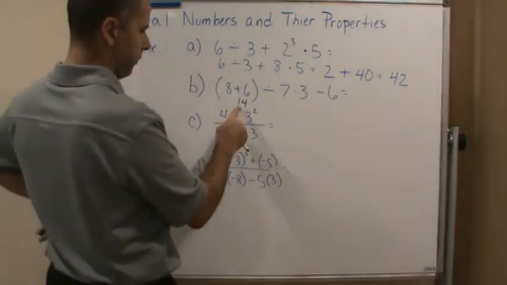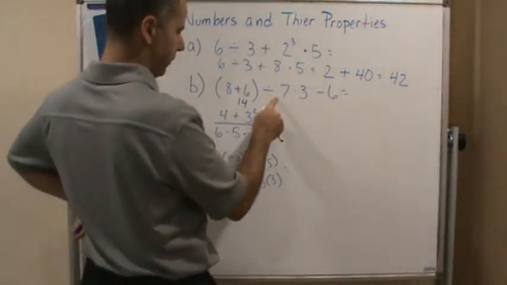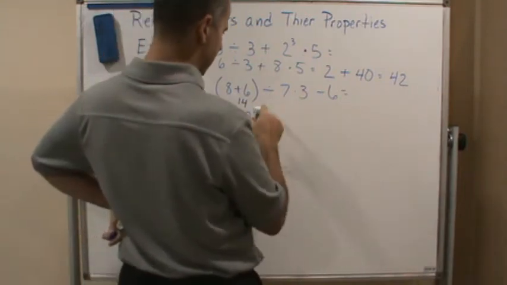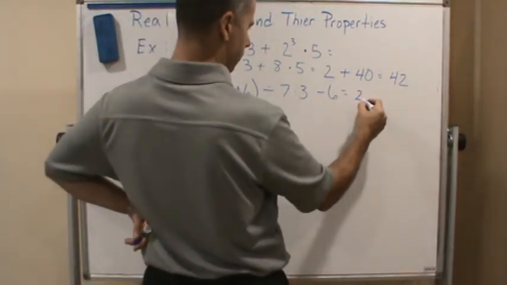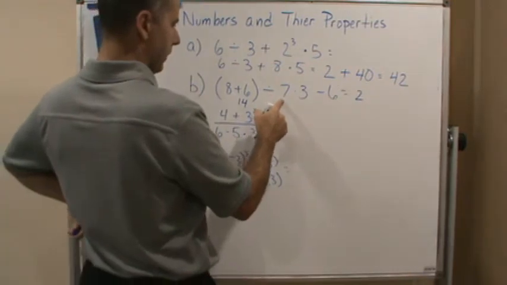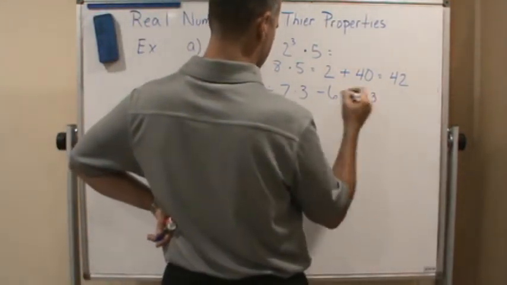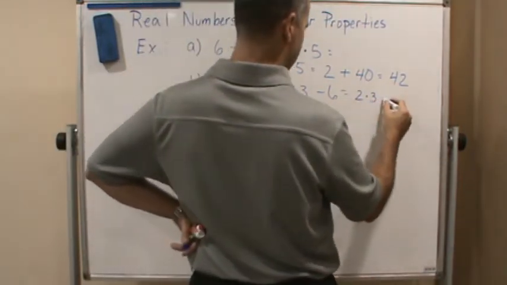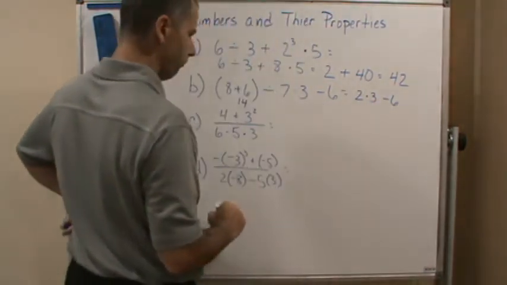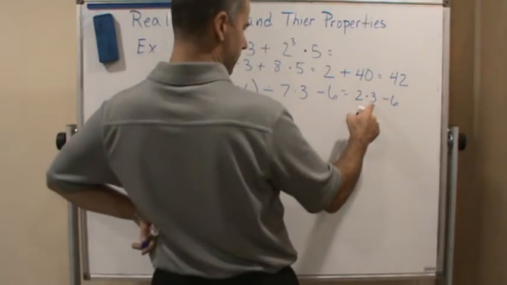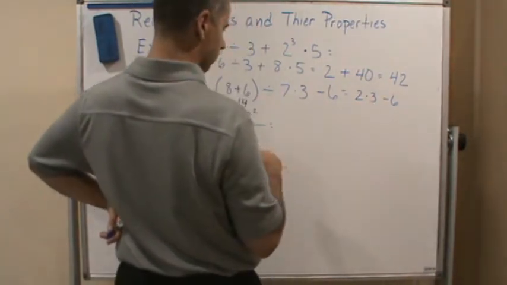So now I'm going to do 14 divided by 7, right? So 14 divided by 7 is 2, times 3, minus 6. So 2 times 3 is 6, right?